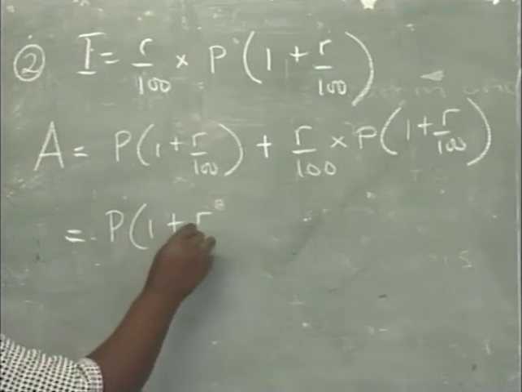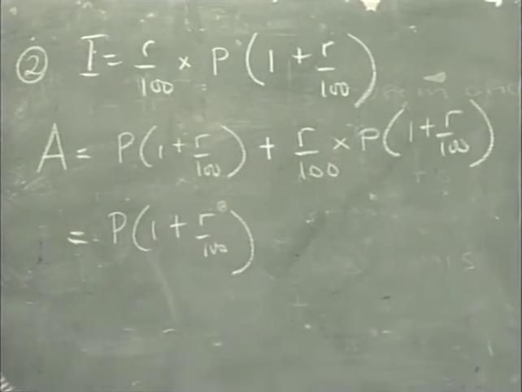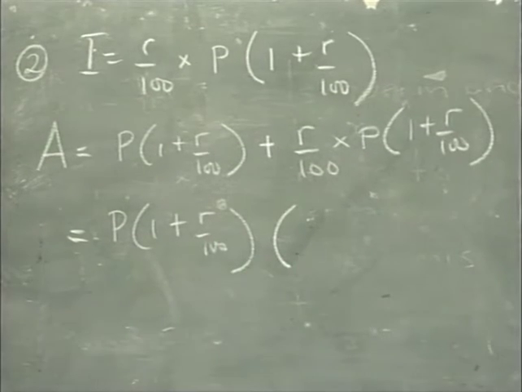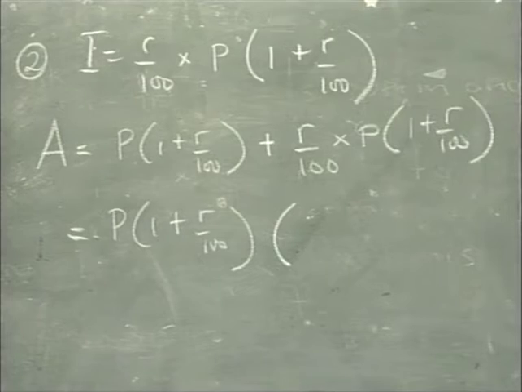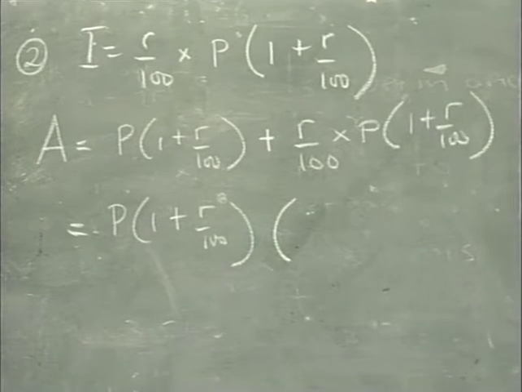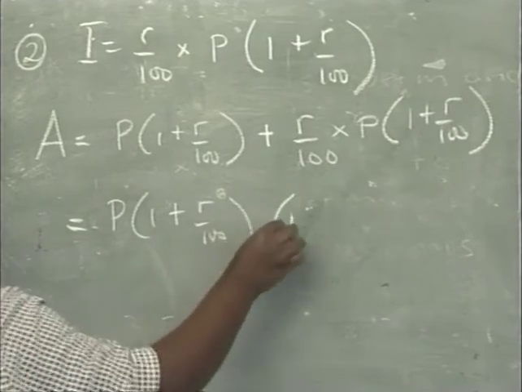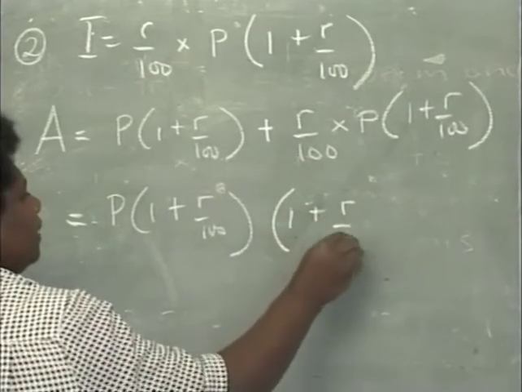Good. P times 1 plus R over 100. Now what is left in the other set of brackets? Only R over 100. 1 plus R over 100.